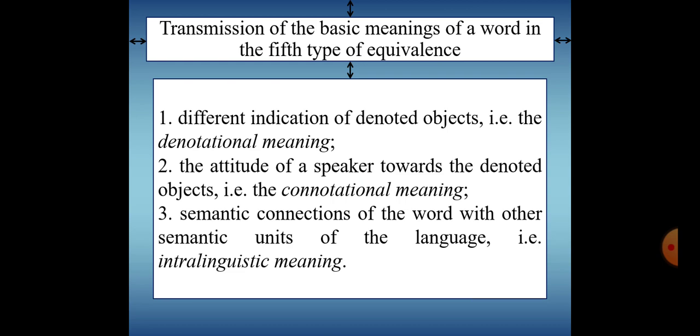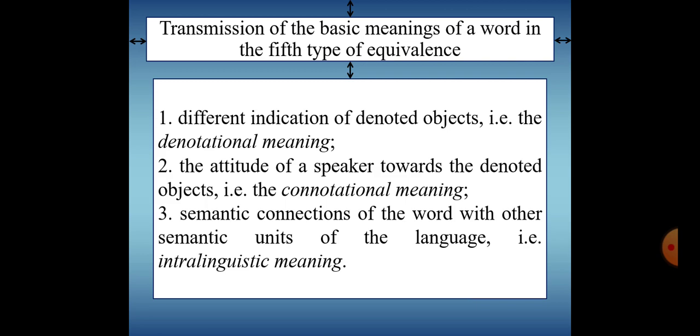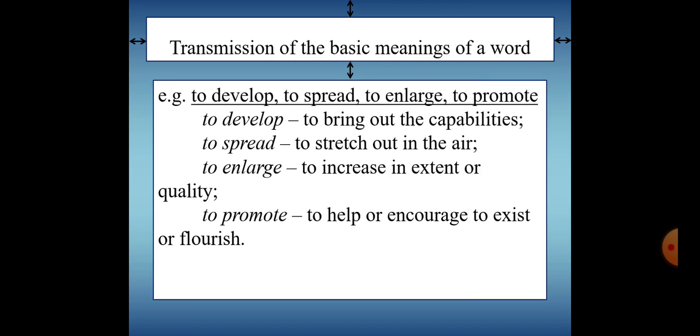Different indication of denoted objects, that is, the denotational meaning, the attitude of a speaker towards the denoted object, that is, connotational meaning, semantic connections of the word with other semantic units of the language, that is, intralinguistic meaning. These are transmission of the basic meanings of a word in the fifth type of equivalence.